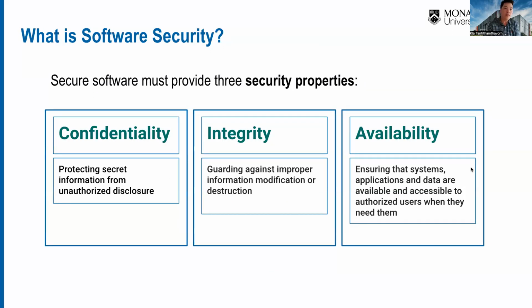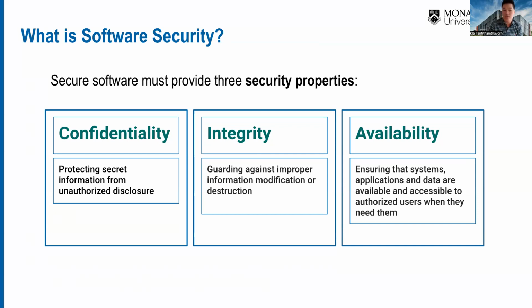When we talk about software security, we often look into three perspectives. The first one is confidentiality. The second one is integrity, and the third is availability. What does it mean?